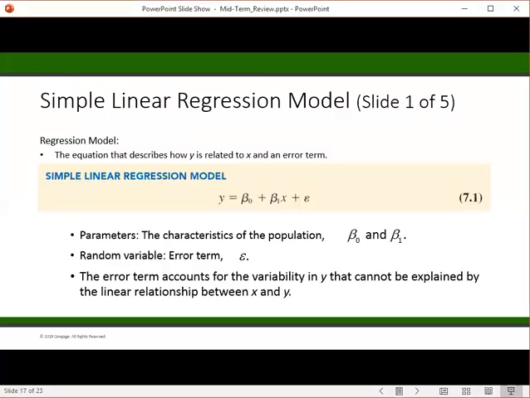So here's the type of model we get. It's an equation of the form y, our dependent variable, is equal to the y-intercept, beta sub 0, plus the slope of the line, beta sub 1 times x, plus some error term.